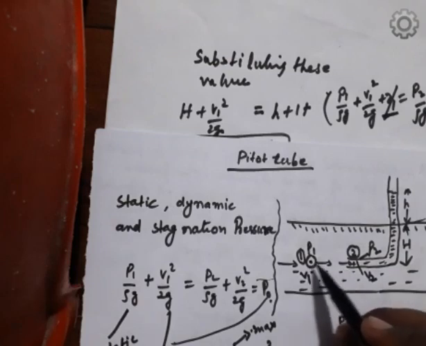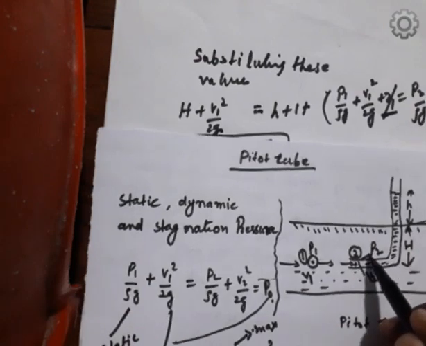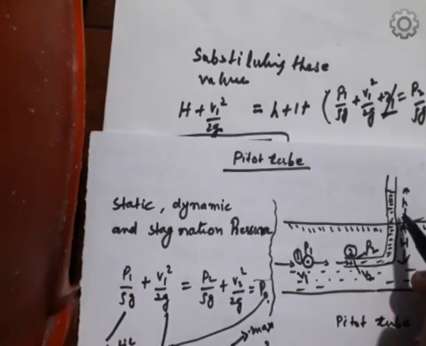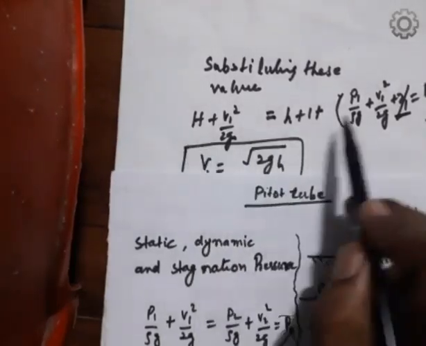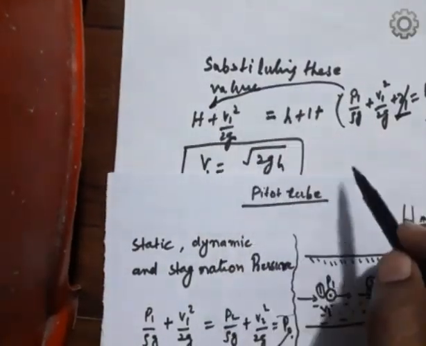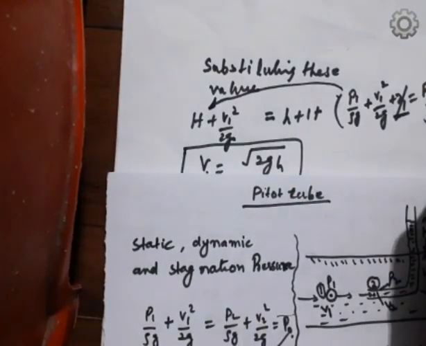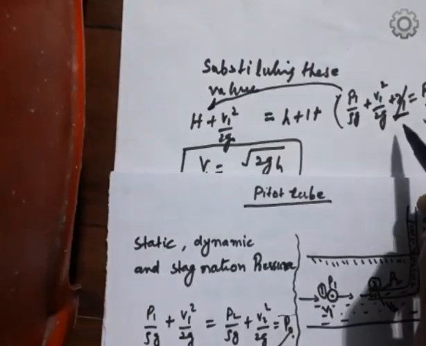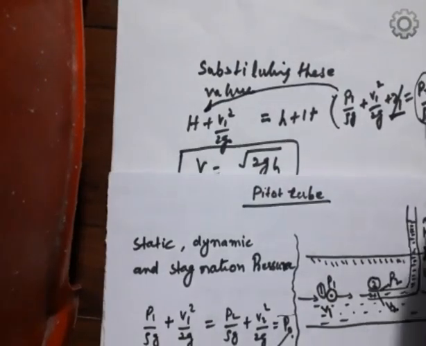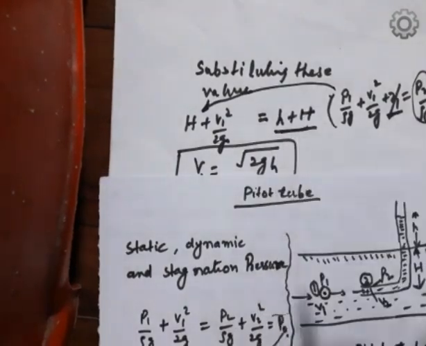But when the stream flow goes to this point, velocity V2 becomes 0 and the total pressure becomes h plus H. So that's why I have written, instead of P1 by rho g, it is h1, and V1 square by 2g. V2 is 0. For P2 by rho g, I have written h plus H.